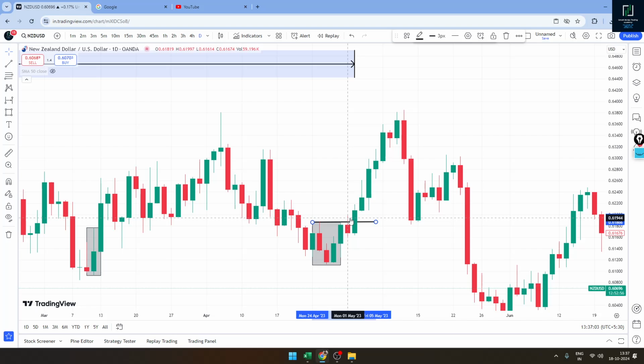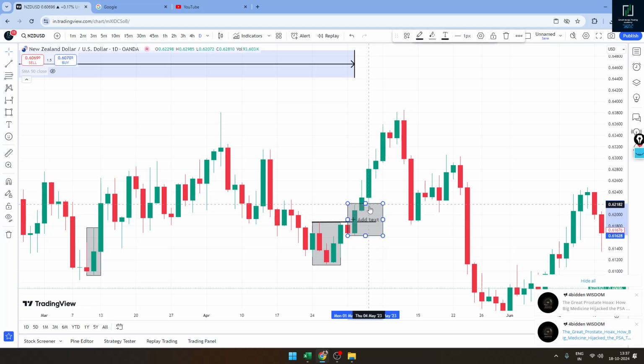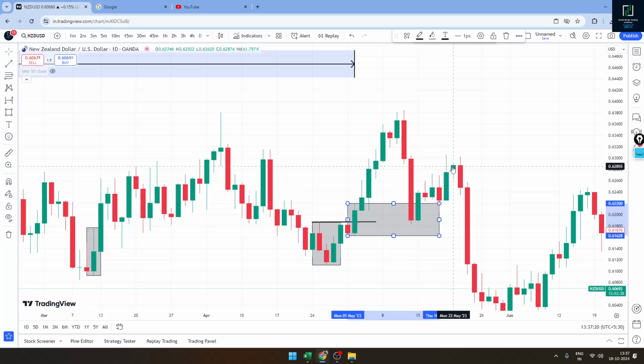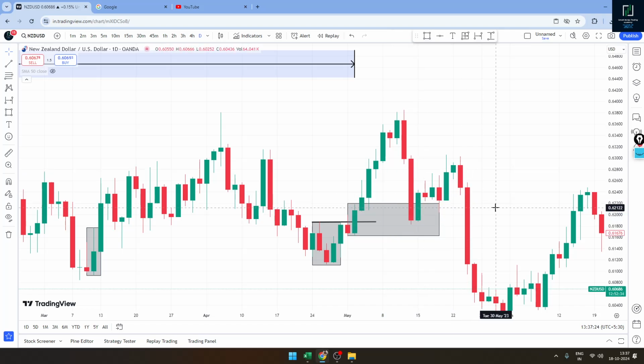So some sort of confirmation you will be getting. You need to look for that confirmation, and maybe you can mark this candle, wait for the break and retest. Break and retest, and the market went up. And similarly here, break and retest, the market went up for 4 out of 6 days.